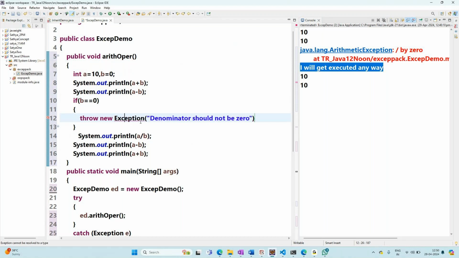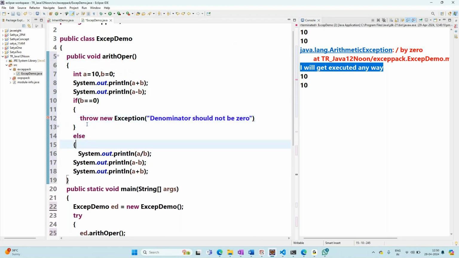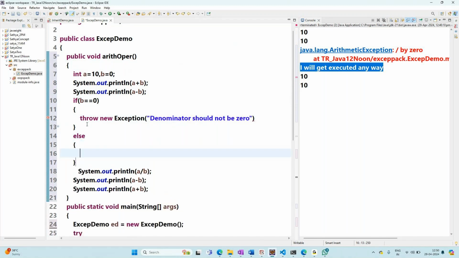So it is saying throw exception, denominator should not be 0. Else, okay. So what we can do is say throws Exception, something else. You can put this line.